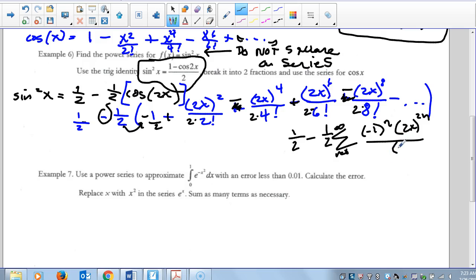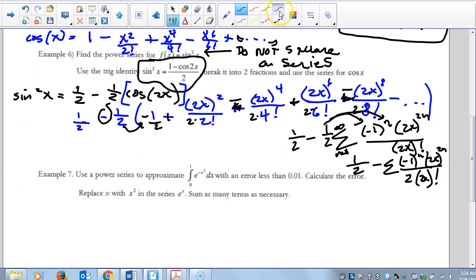It'll be 2x factorial. If I distribute the 1/2 in there, and this time I'm not going to distribute the negative with it. I'll leave the negative on the outside so that I don't have to mess with the n plus 1 for negative 1. So 1/2 minus the sum of, I'm just trying to keep it as simple as possible, I'm just going to leave this 2x to the 2n, all over 2 times 2x factorial.